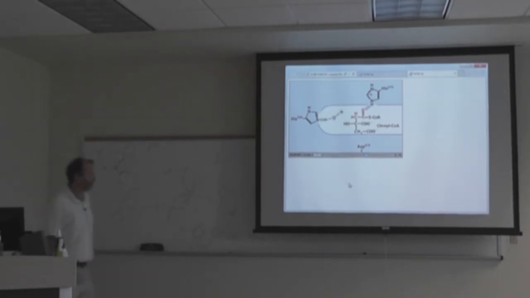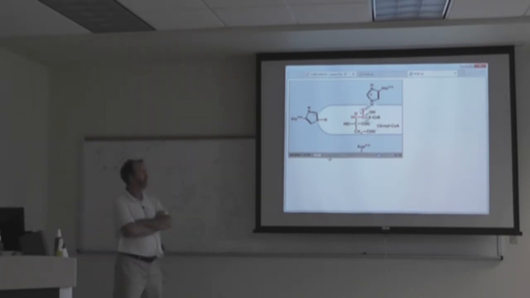Water will then come in and hydrolyze that thioester bond, releasing coenzyme A. Eventually when it drops back down, you release coenzyme A, and then you have citrate as the product.